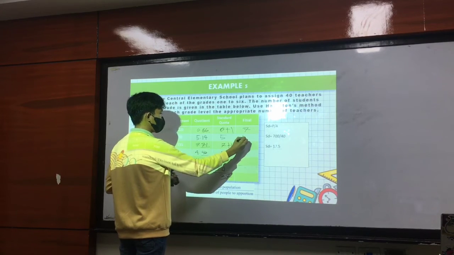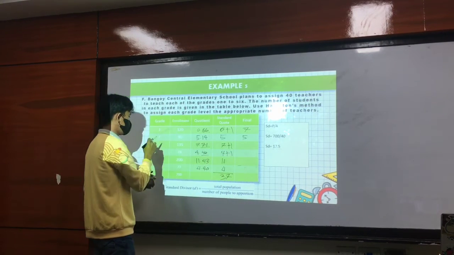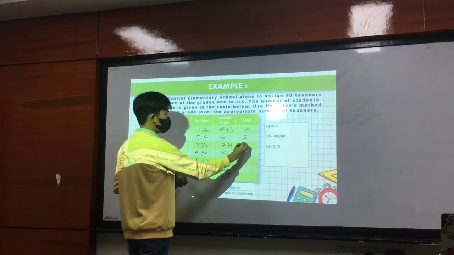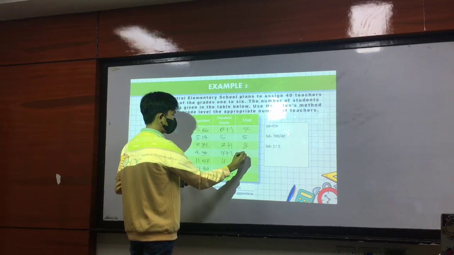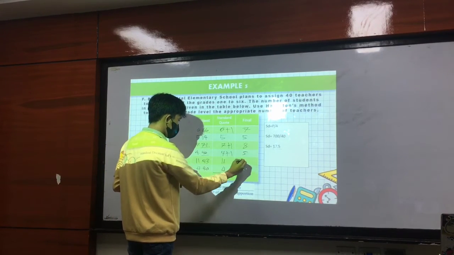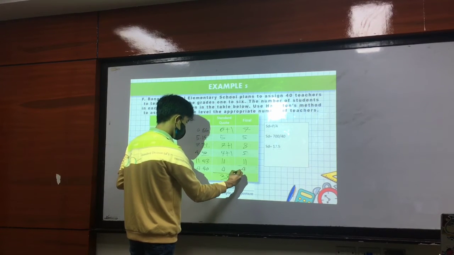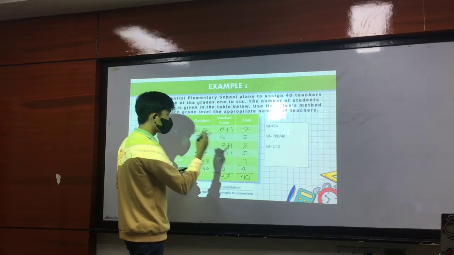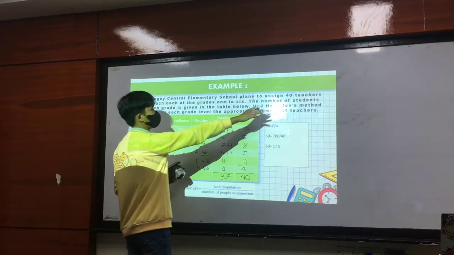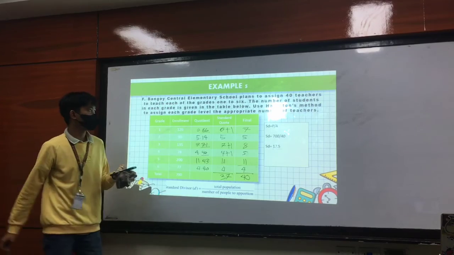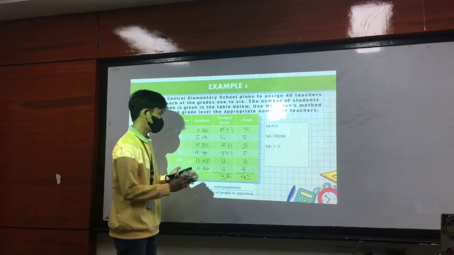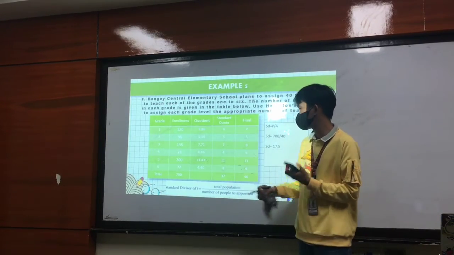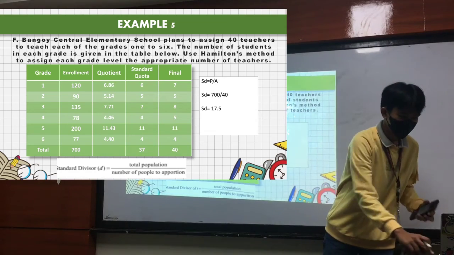In grade 2, we got 5. And in grade 3, we got 7 plus 1, we got 8. Grade 4, 4 plus 1, we got 5. Then 11, and 4. So in total 40. So we got the total of 40 teachers to teach each of the grades 1 to 6. Yeah, so here's the result in your nice table.